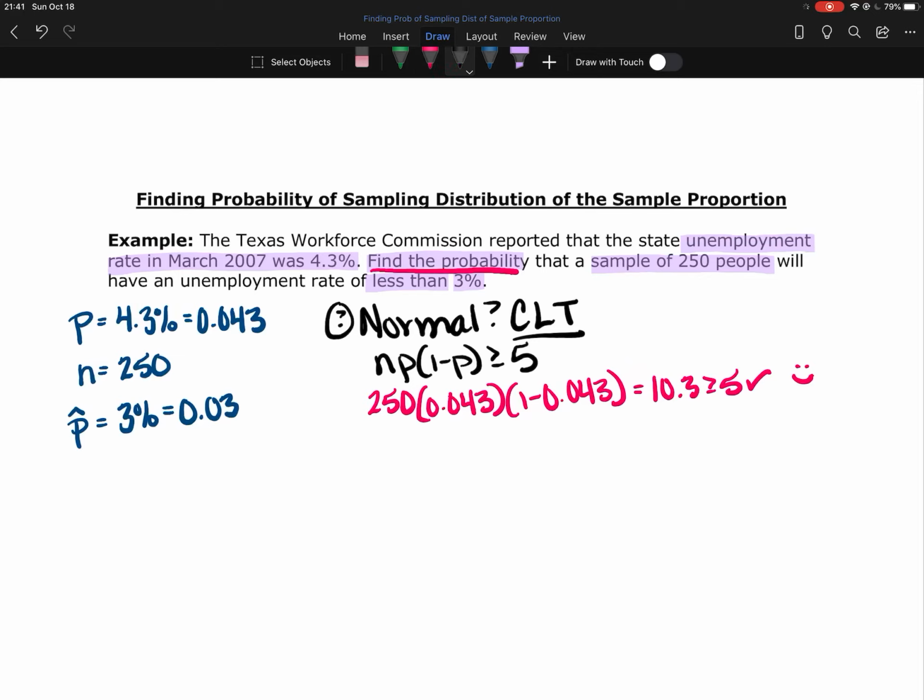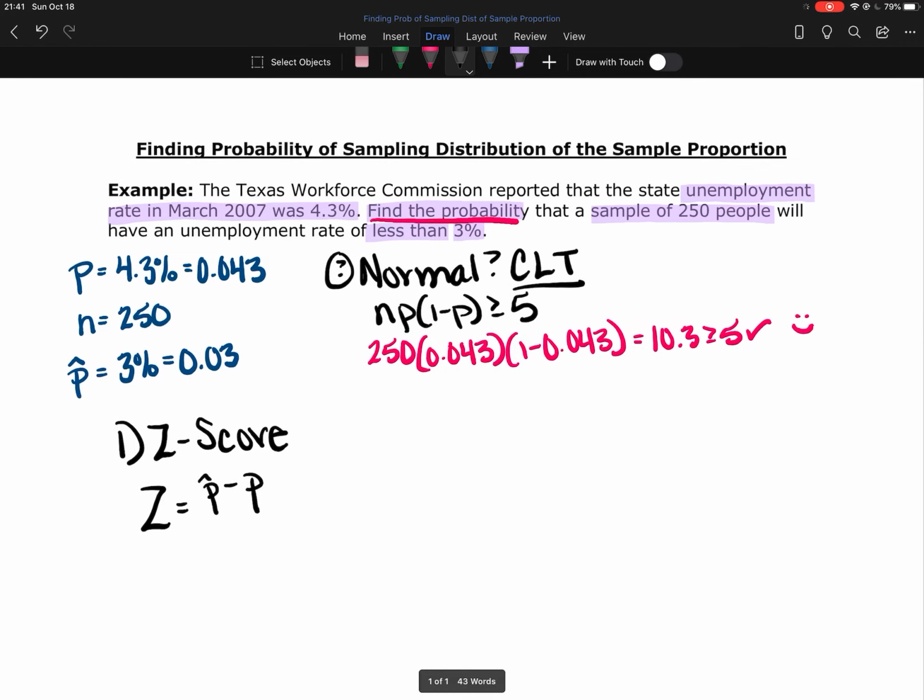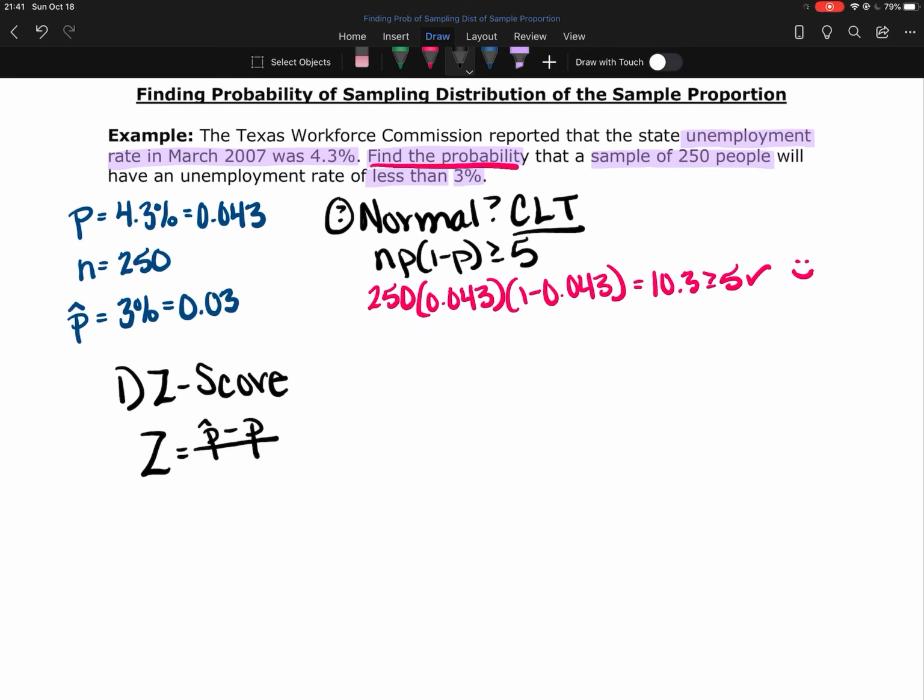And in step one, I'm going to use the z-score equation for a proportion, which is p hat minus p divided by the square root of p times 1 minus p divided by n.